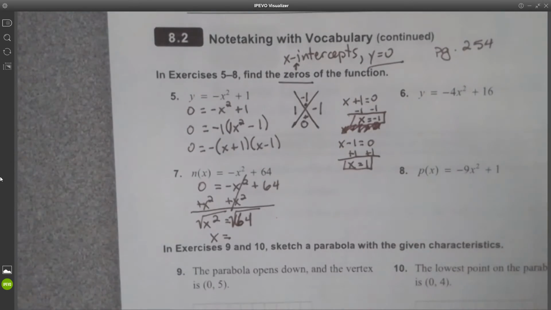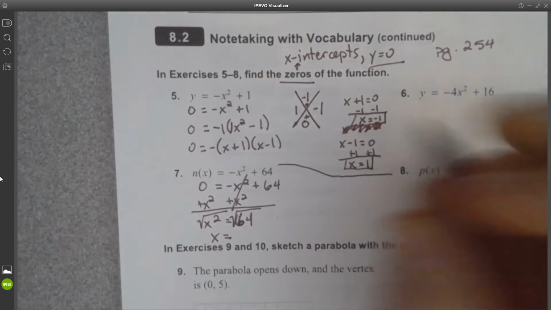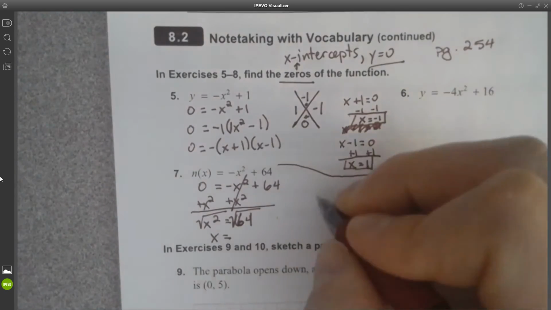Then the square root of 64 could actually be one of two different things. The square root of 64 is saying what number squared equals 64.